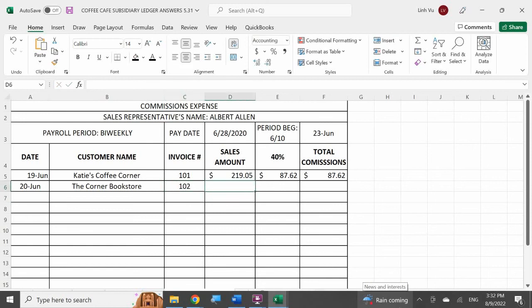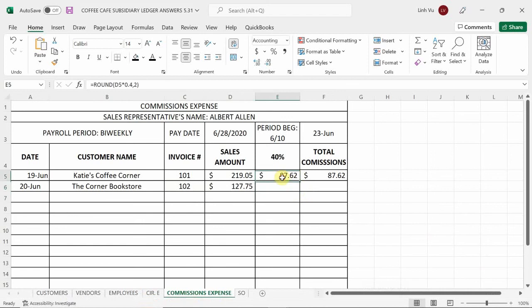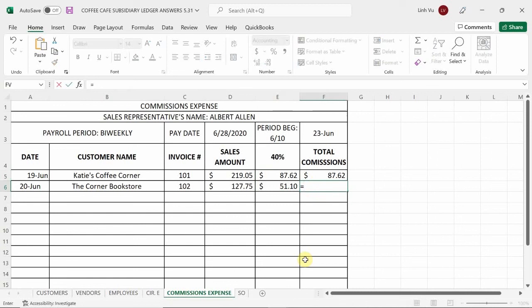For how much? Oh, so we're including the delivery charge, so it's 127.75. Yes. All right, so what's 40% of that? $51.10. Good. And then his commission now is 138.72.